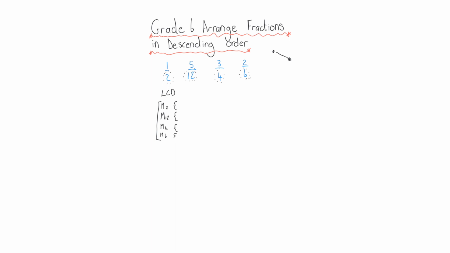Okay, let's continue. So multiples of 2. This is the 2 times table, you have to know. So it's going to be 2, 4, 6, 8, 10, 12, 14.